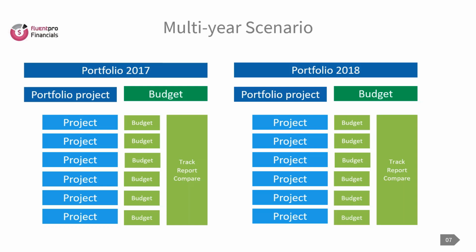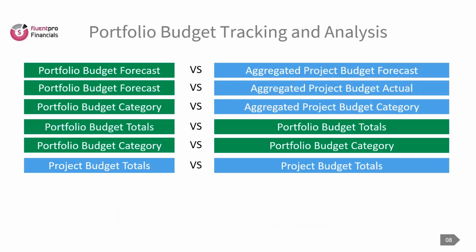We work with standard terms of Microsoft Project Online called projects and enterprise project types, and we can link to those entities. By grouping and attaching the budgets to portfolio projects, you can have that analysis and comparison features where you can compare budget versus budget.